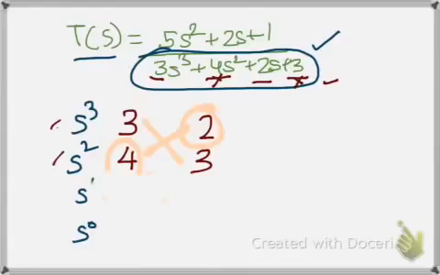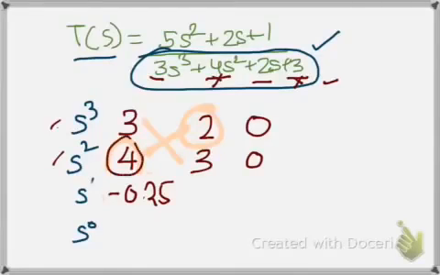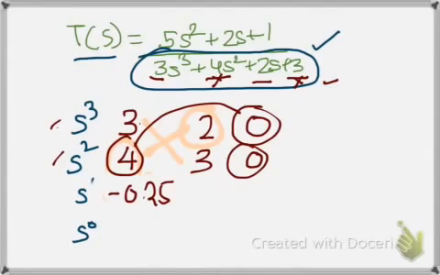So let me write down minus 0.25. When there is nothing written, you can assume that it is actually 0. In the next row, you multiply this 4 with this 0, so 4 into 0 is 0, and 3 into 0 is 0 again. I'll just write 0 here.